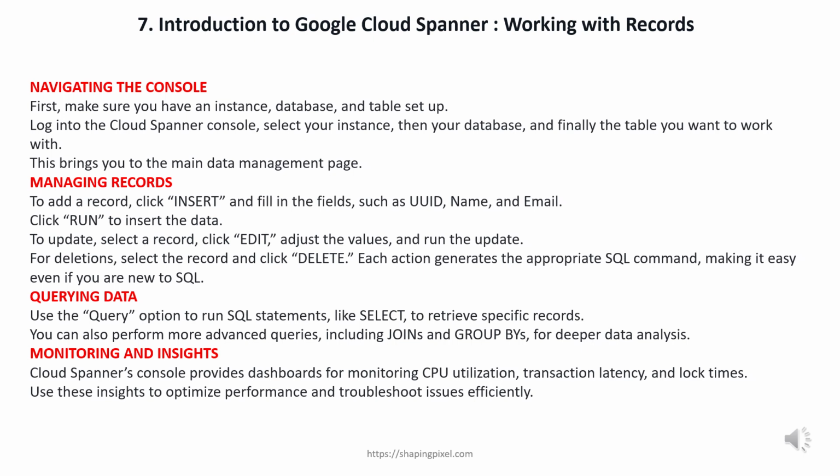You can also perform more advanced queries, including joins and group bys, for deeper data analysis. Monitoring and insights. Cloud Spanner's console provides dashboards for monitoring CPU utilization, transaction latency, and lock times. Use these insights to optimize performance and troubleshoot issues efficiently.